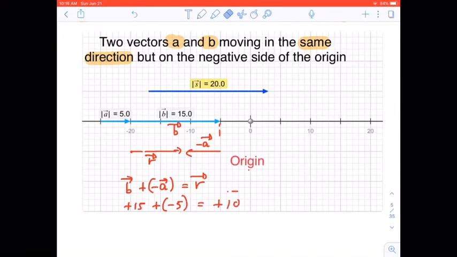That indicates that the resultant vector is equal to plus 10.